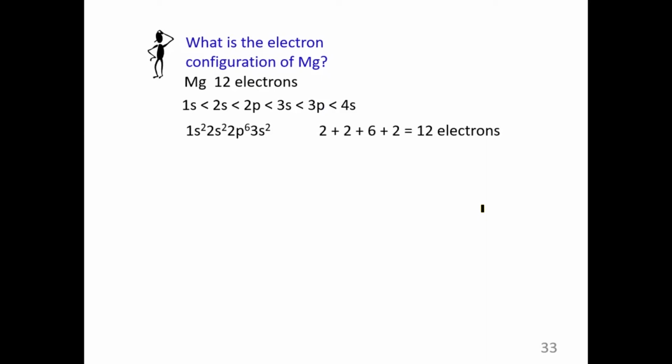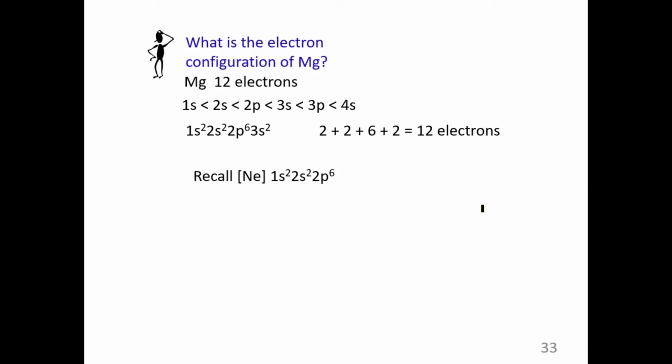Now, when you look at that configuration, you notice that for levels 1 and 2, neon had a configuration that was 1s2, 2s2, 2p6. So you could envision magnesium as being built like this.